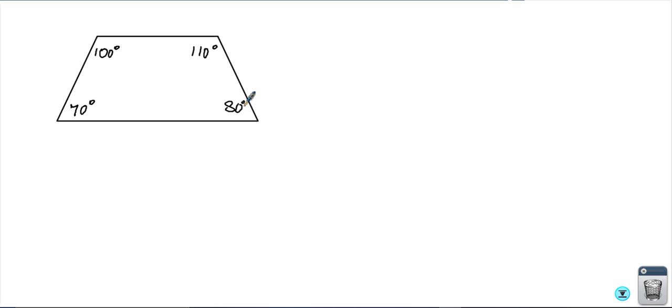So, what can we say about that quadrilateral? Let's say it's called ABCD. Can we show that AB and CD are parallel, or can't we? First of all, if we add the four angles in a quadrilateral, we know that they should add up to 360 degrees. And if we add them up, yes, of course, they do make 360 degrees.